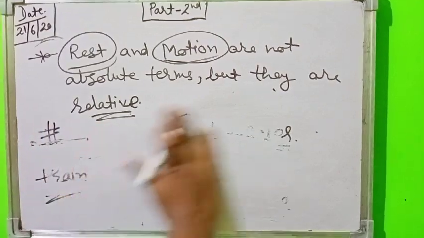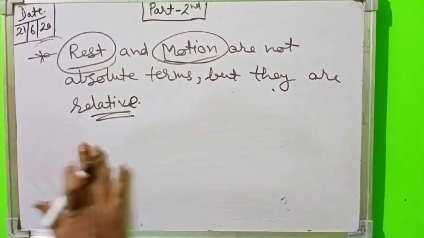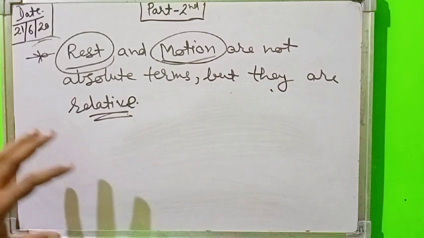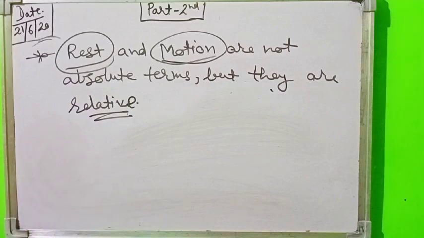So we can say that no object is at absolute rest or at absolute motion. And this is the concept of frame of reference also. When I define frame of reference, I will take the same examples to clear the concept. So this is about the concept of absolute and relative terms about rest and motion.